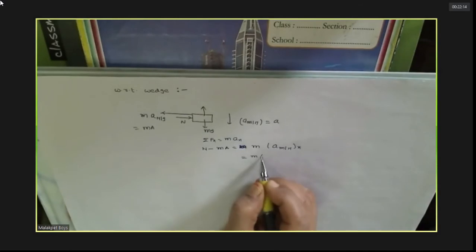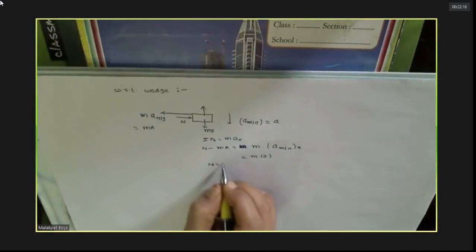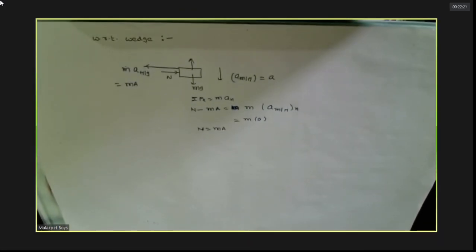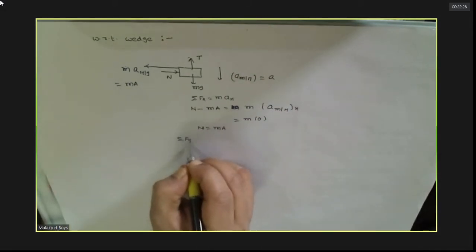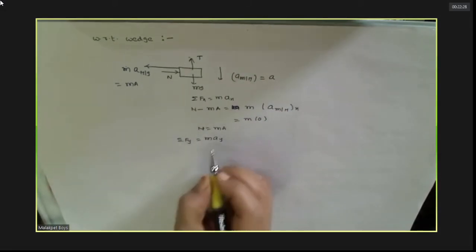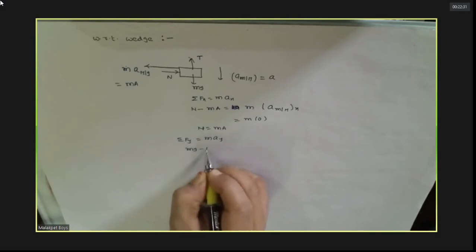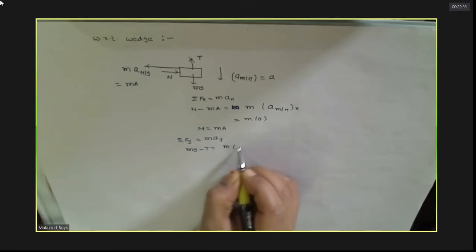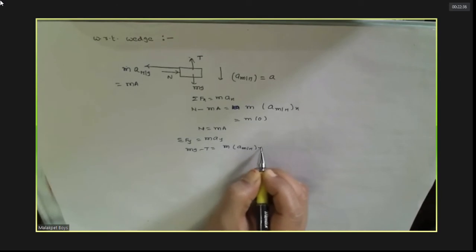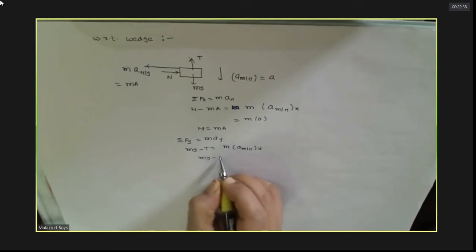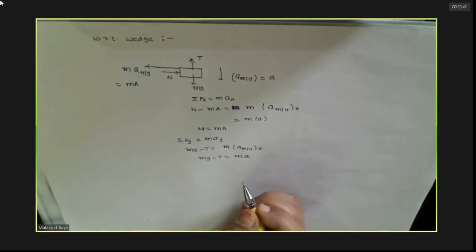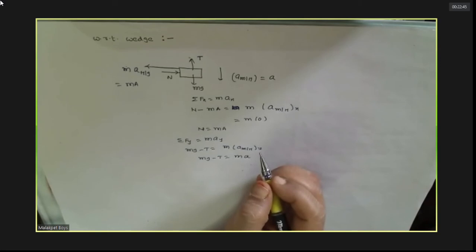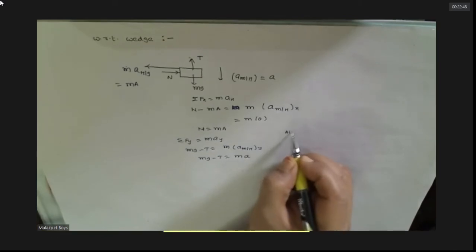That is zero, no? Followed? So first thing is you choose the observer, then only you'll do well. This is the tension. Again, sigma Fy equals m ay. So here mg minus T in the y direction equals m into this, which is nothing but A. Followed this? Clear?